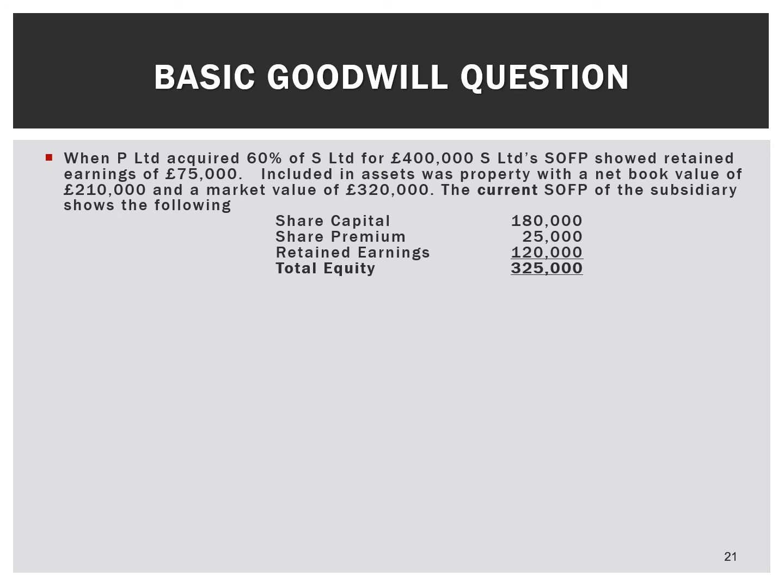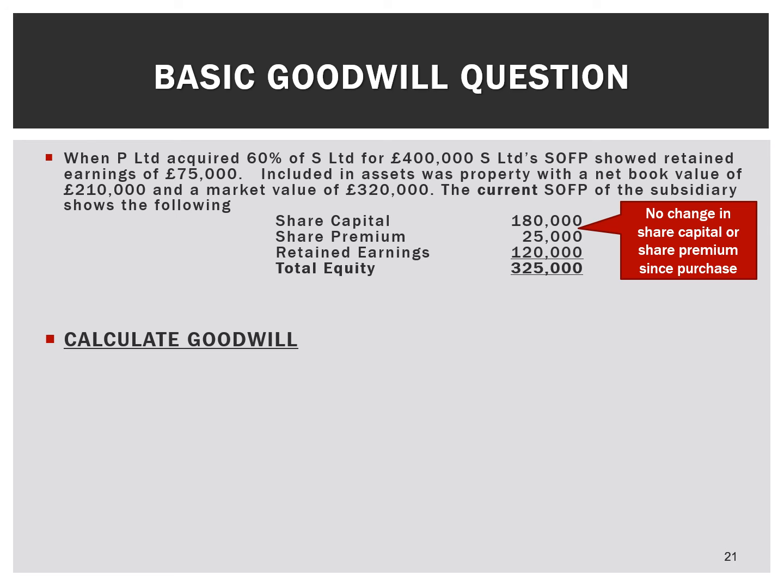The current statement of financial position of S Limited shows share capital, share premium and retained earnings totaling 325,000, and as usual there's been no change in either the share capital or the share premium figures since the date our 60% was purchased. So with that information, see if you can now calculate the amount of goodwill that P Limited has paid when it acquired the shares. So pause the presentation for a moment and see if you can work out that goodwill figure.